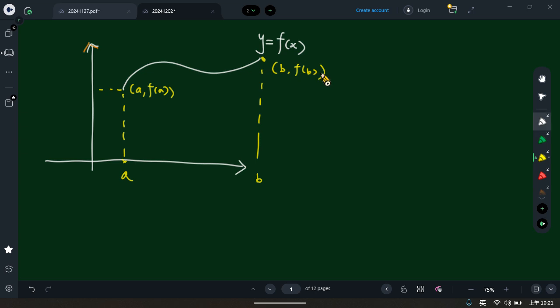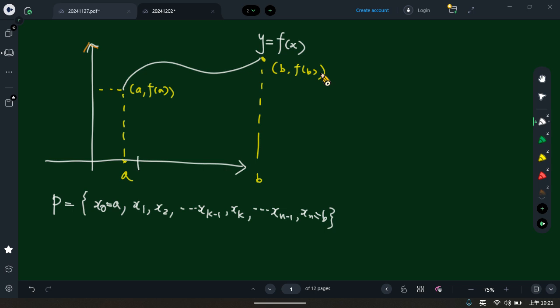So the idea is still the same as the Riemann sum, that we try to have a partition P from S0 equal to A, S1, S2, and so on, S(k-1), Sk, then S(n-1), Sn, and the endpoint is B. Still following the Riemann sum's idea, we partition the interval A to B into several sub-intervals.